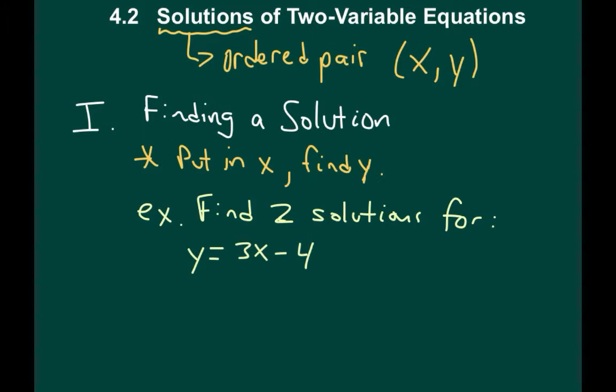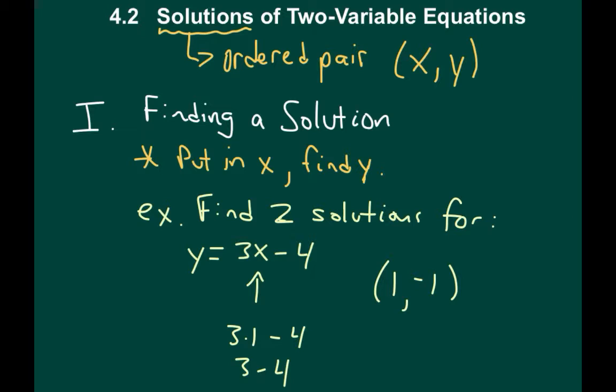The difference is we don't have a data table like we did in 4.1. So at this point, you just pick an x value, and I'm maybe going to pick an x value of 1. So if my x value is 1, I could just put it right in there for x. So I have 3 times 1 minus 4. We have to multiply first, so I get 3 minus 4. So my y value then has to be negative 1.